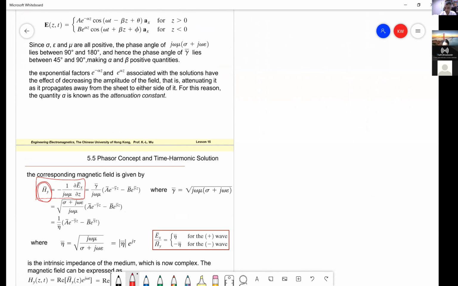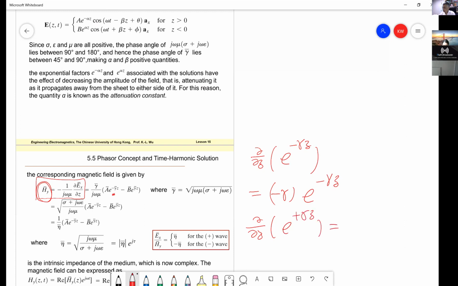With that, the first term, we take the derivative of the exponential function, partial z, of minus gamma z. So this equals minus gamma z times the term. It's the same as if you take the derivative of plus gamma z, then this is a plus gamma times.